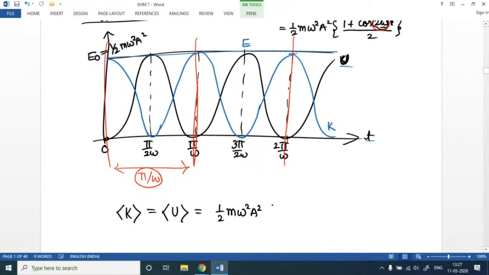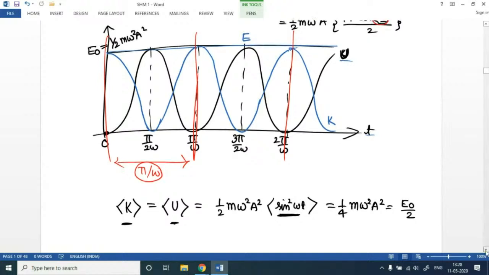So you can take either the sine square omega t for potential energy and cos square omega t for kinetic energy, and you can understand the average of this function is nothing but half. So this will turn out to be 1 by 4 m omega square A square, or simply you can say that would be nothing but E naught by 2. Okay, so the average of kinetic energy or potential energy for the complete oscillation would be this much over here.